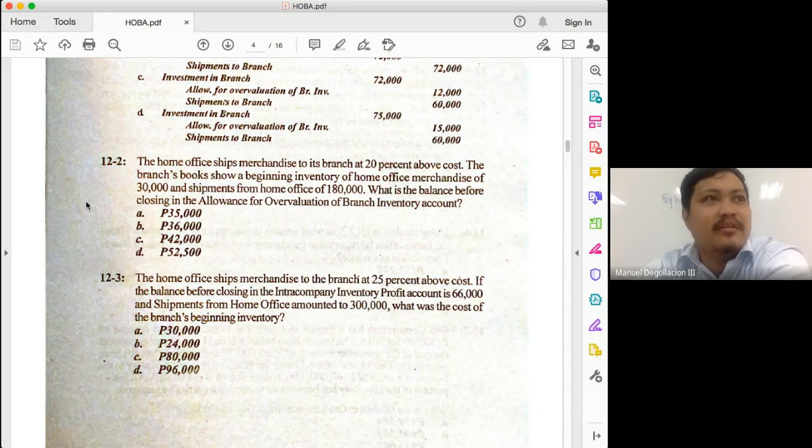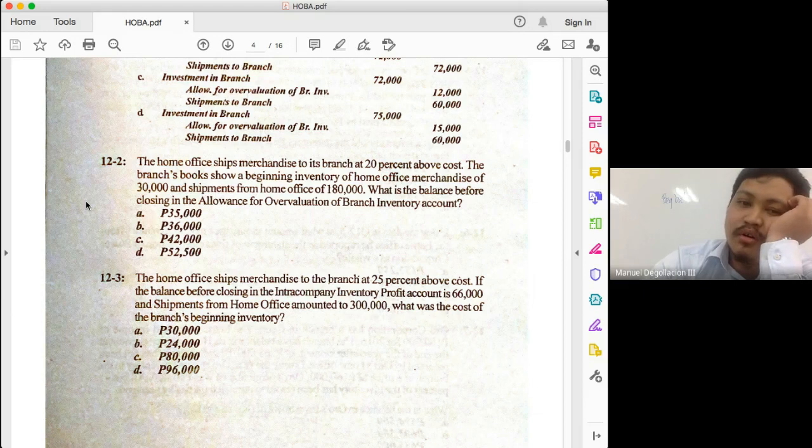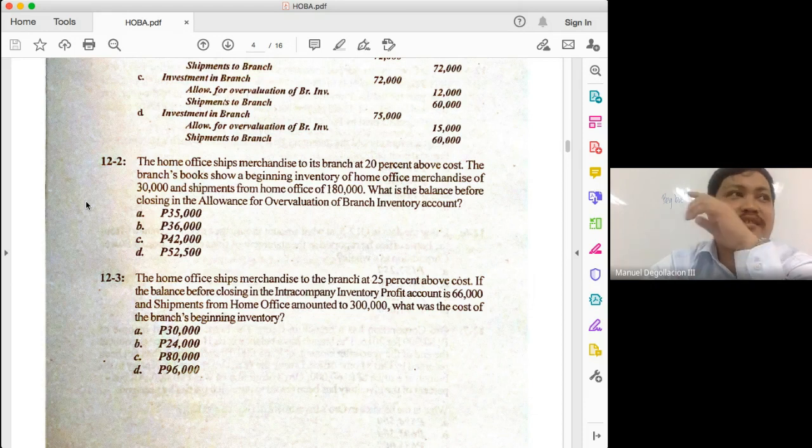Okay? The 330,000 is the tigas of the branch. I hope that's clear. Now, what's the composition of your tigas, class? It's beginning plus shipments during the year. How much is our tigas, class? 330.